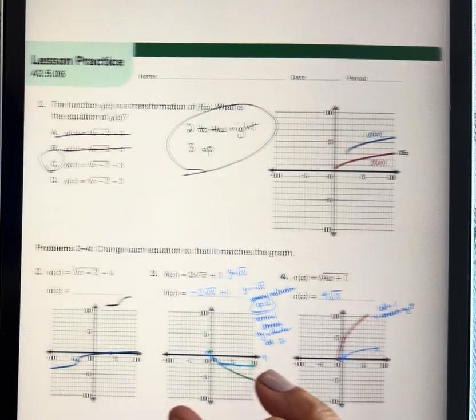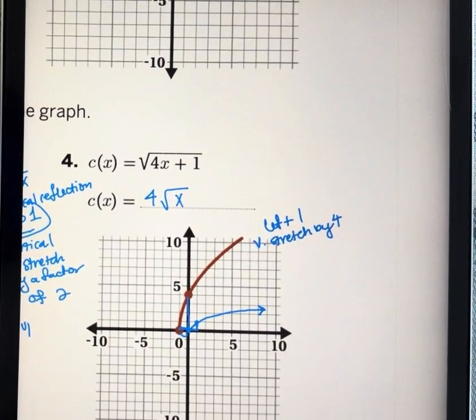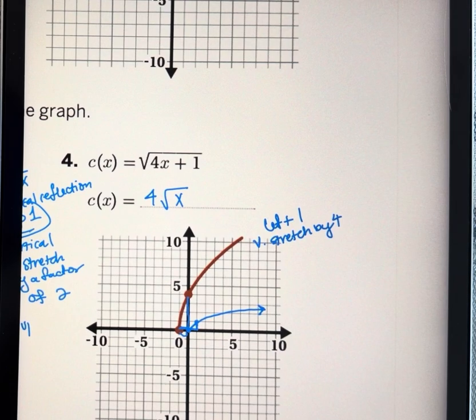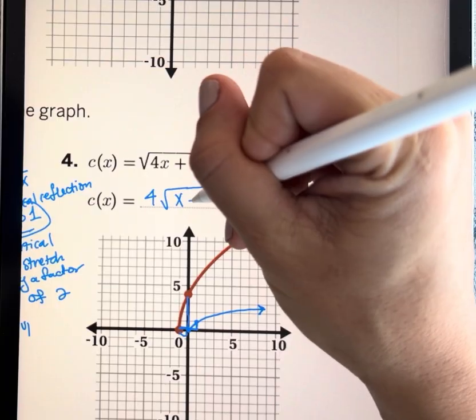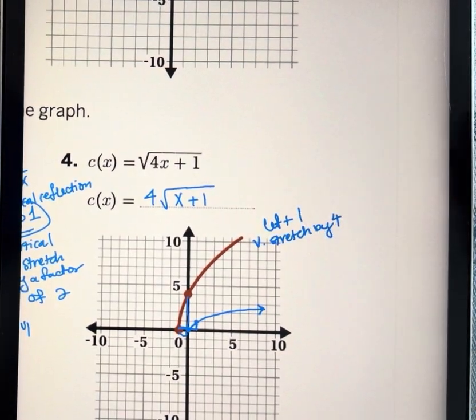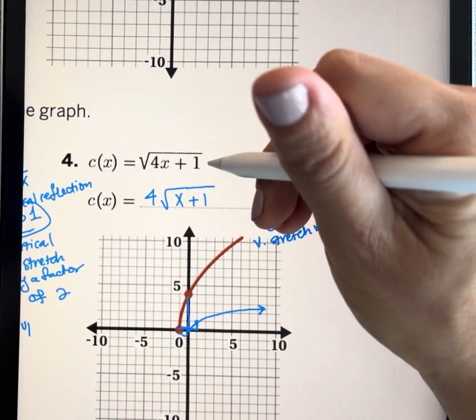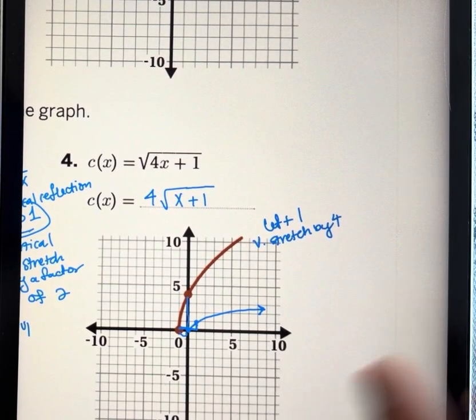So these are the little mistakes that they're making. They're putting things in the wrong places. So a vertical stretch goes out there. And then left 1 goes inside. Plus 1. That part looked sort of okay. Technically, the 4 would be factored out. This is a shift of 1/4, but we don't need to get into it that far. Okay.